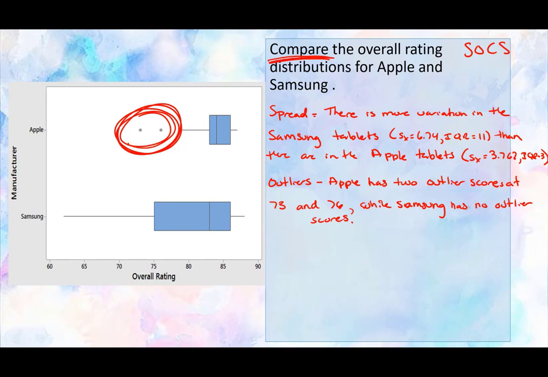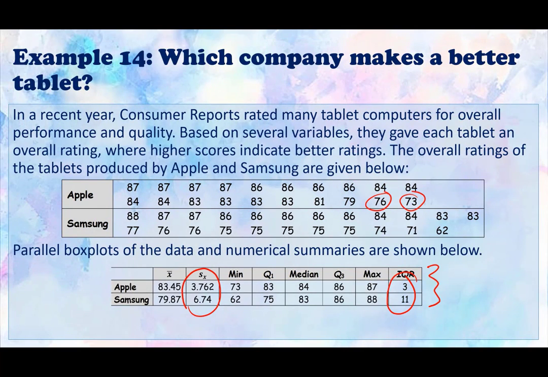Okay, so we're halfway through. So now C stands for centers. If you look at the centers here, we can use both because remember there's two measures of center. We have our mean and we have our median. Now, if you look, Apple has both higher mean and median than the Samsung tablets.